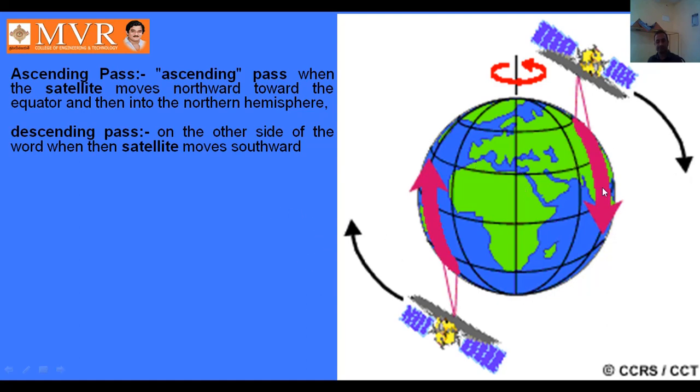Then descending pass, when the satellite passes towards the south, it is called descending.